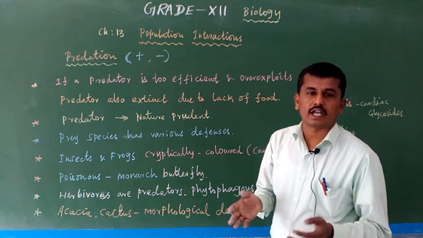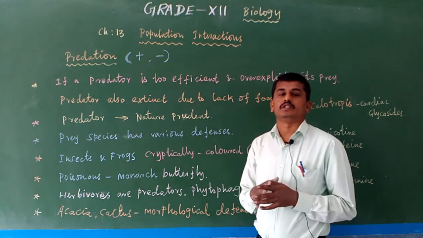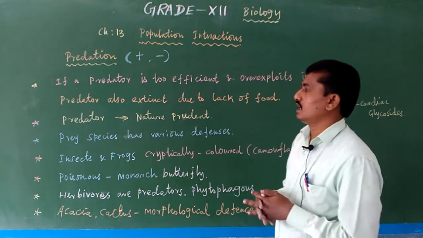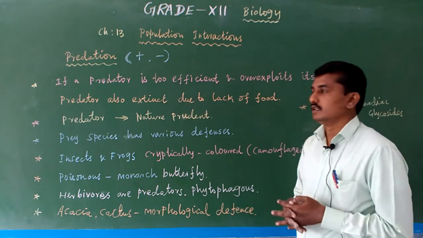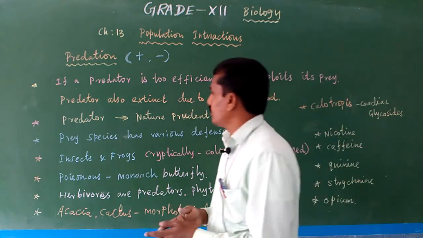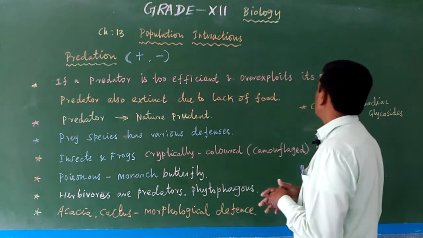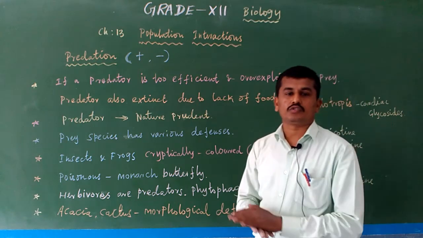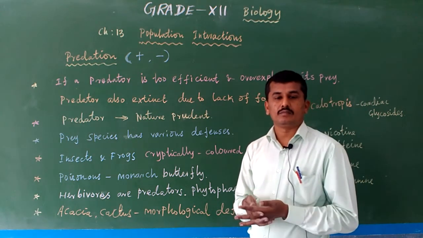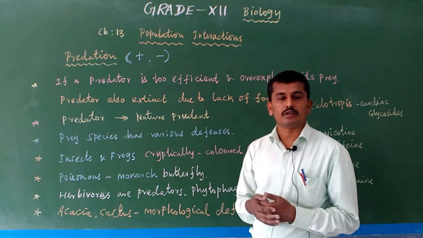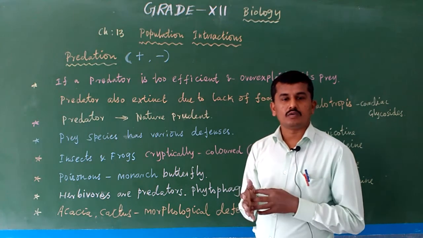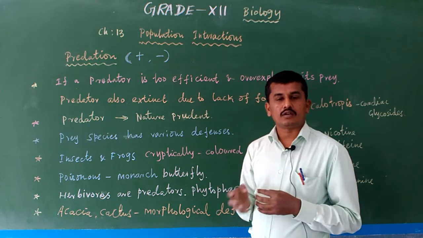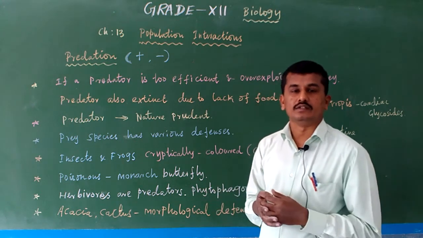A positive and negative interaction between two populations is known as predation, and the organism is the predator. Normally the predator is stronger than the prey. For example, a lion is stronger than a deer, a cow is stronger than the grass, and a sparrow is stronger than the seed.